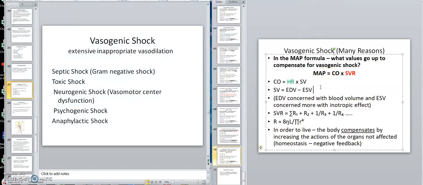We know that the heart could squeeze harder. ESV, let's put that. The heart could squeeze harder, so ESV could go down due to a harder LV squeeze, left ventricle squeeze.